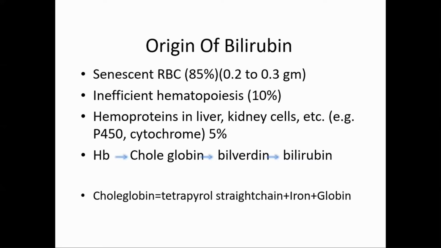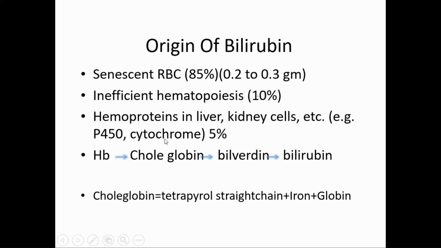Many RBC, when they are formed, die, they get necrosed in the bone marrow. Then hemoproteins in the liver, kidney, etc., like cytochrome P450, are 5%. So these senescent RBC, ineffective hematopoiesis, and hemoprotein in the liver and kidney are the sources of bilirubin.